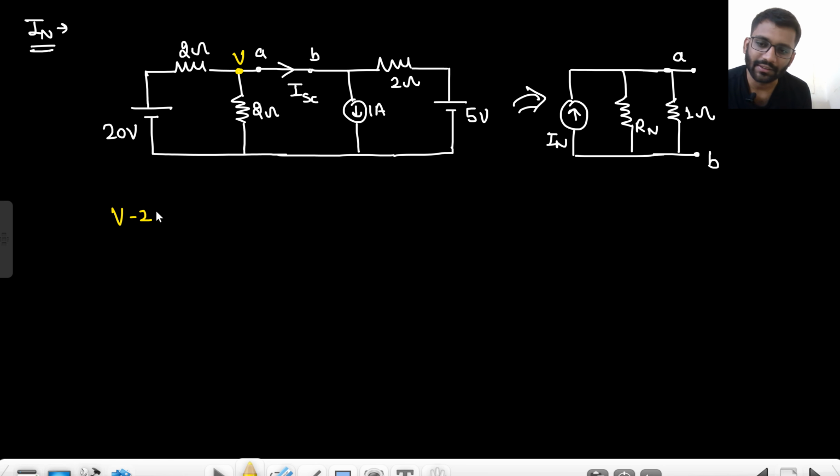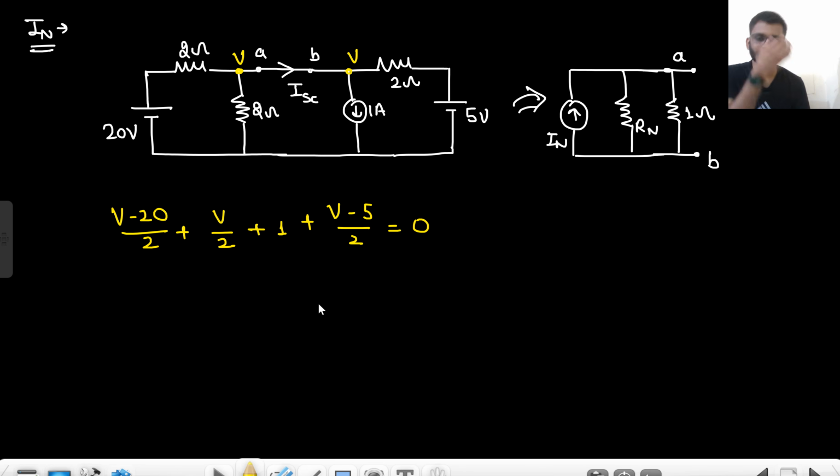So (V minus 20) by 2 plus V by 2 plus 1 ampere plus V plus (V minus 5) by 2 is equal to 0.